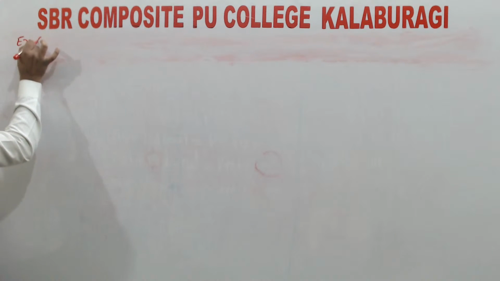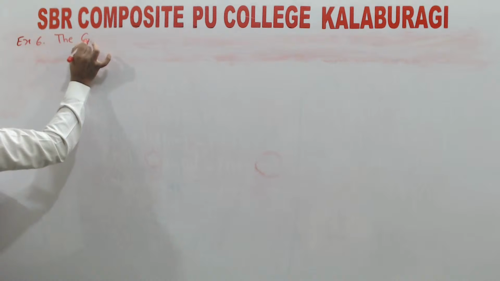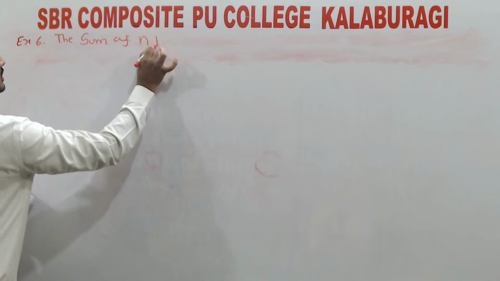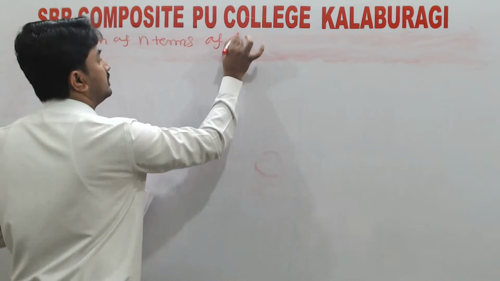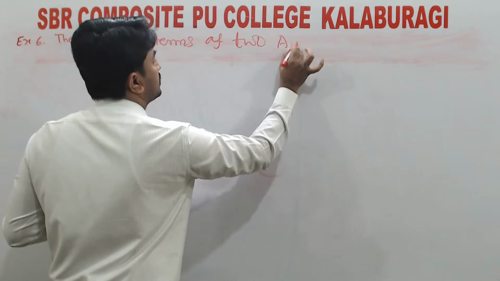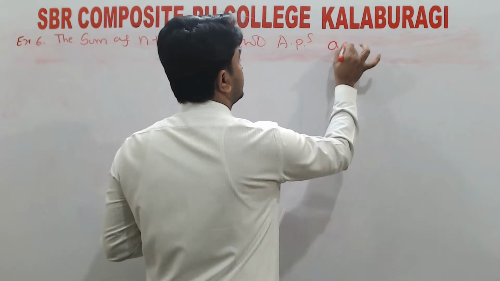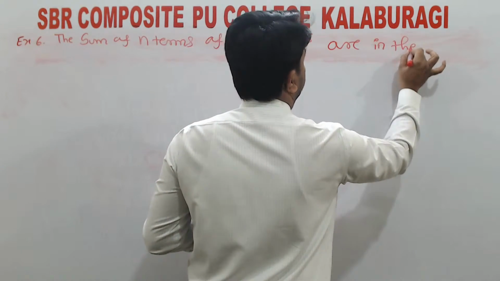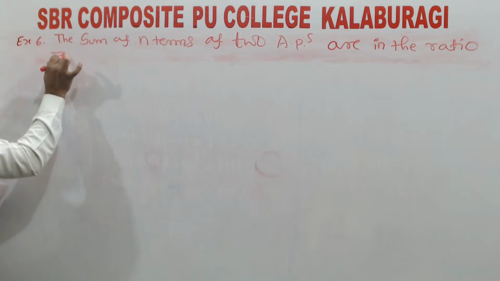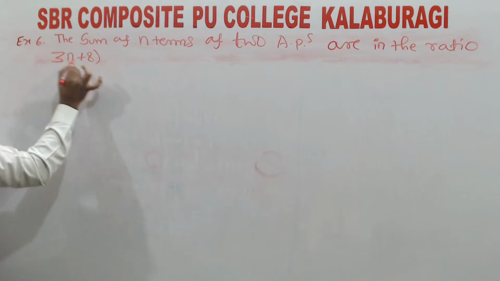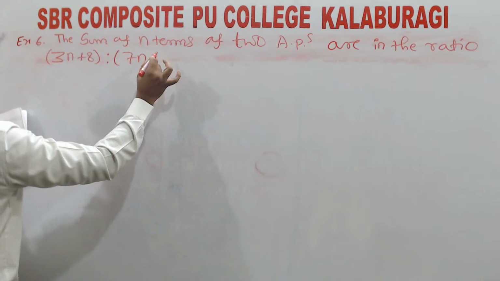Example number 6. The sum of n terms of two arithmetic progressions are in the ratio 3n plus 8 is to 7n plus 15.